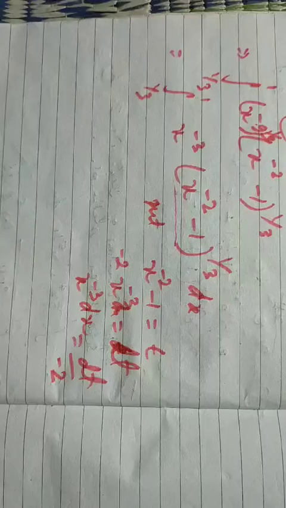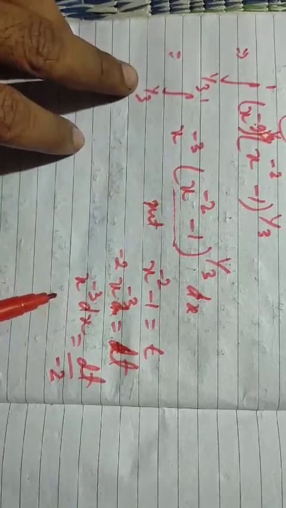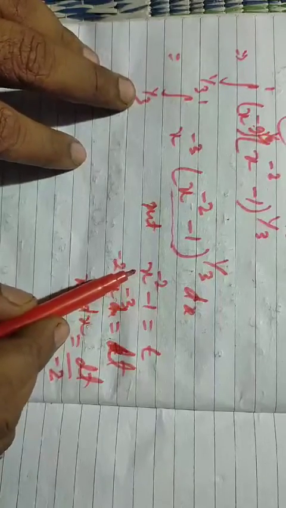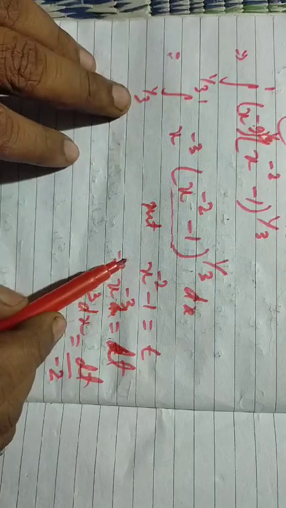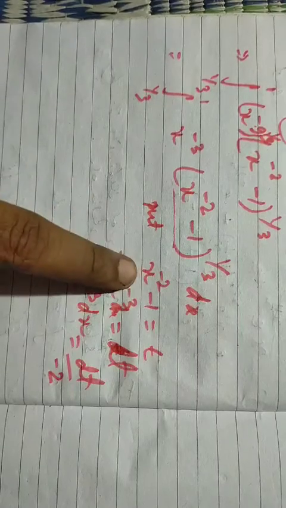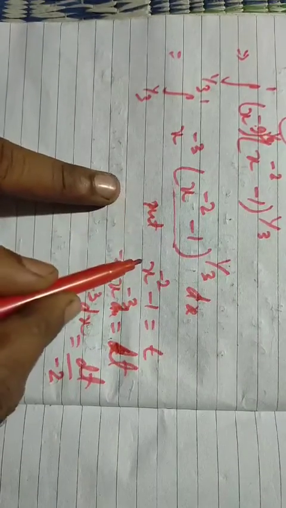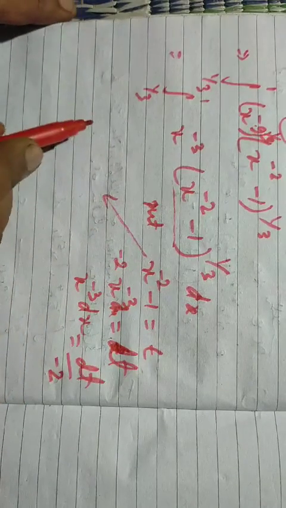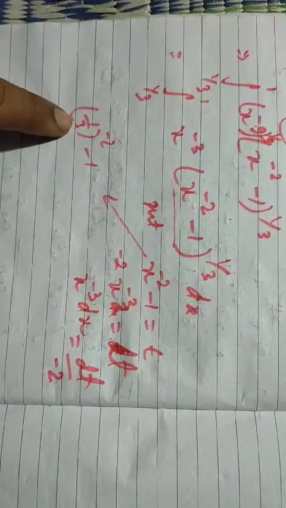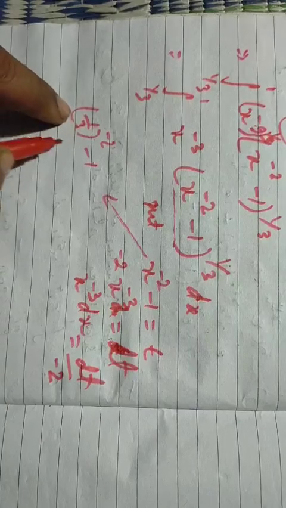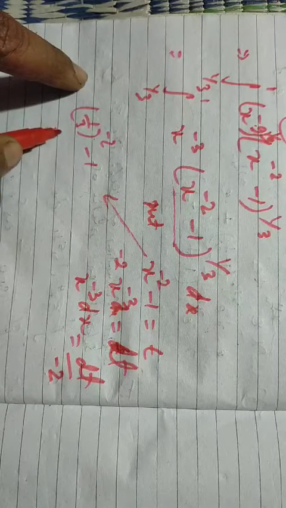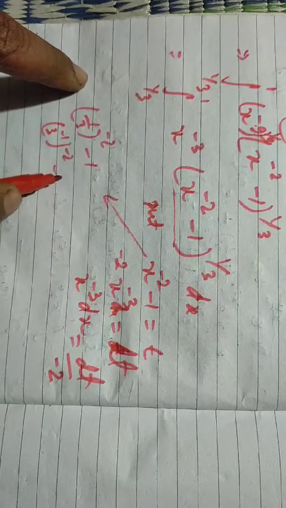So now next we will see the limit. When x is 1 by 3, put here x is 1 by 3. So x to the power minus 2 minus 1, this is (1/3) to the power minus 2 minus 1. This is 1/3, so I can write it as (3 to the power minus 1) whole to the power minus 2 minus 1.